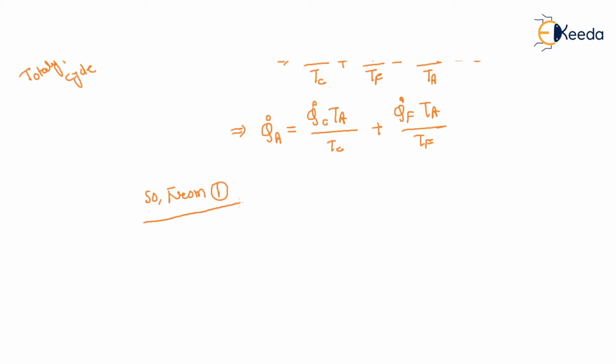Putting this value in equation one, minus W dot is equal to Q dot C times (1 minus TA by TC) plus Q dot F times (1 minus TA by TF), right?